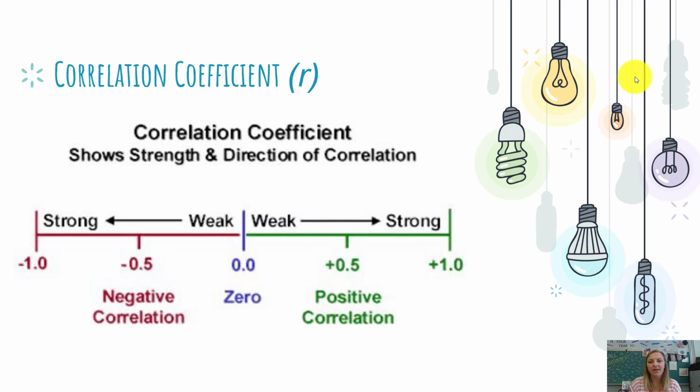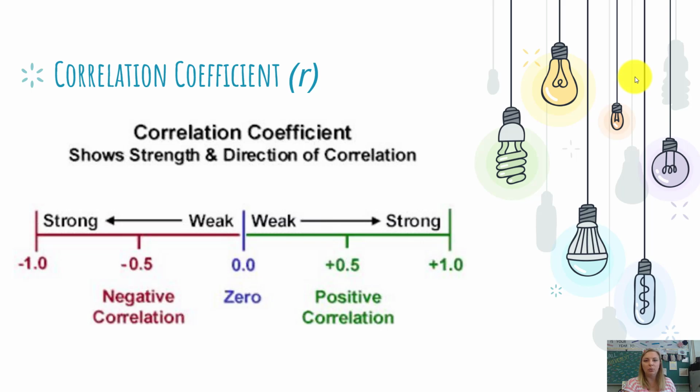The strength of our correlation comes from the actual value itself. So anything close to those ones, right, -1 or +1, means that we have a very, very strong relationship. Perfect correlation would be 1, either positive or negative, meaning every single time something increases, the other one increases as well.